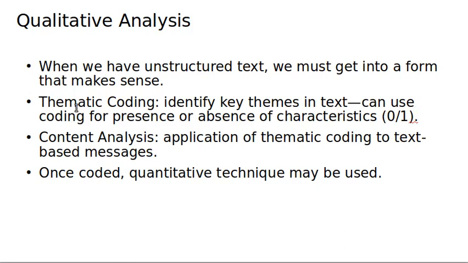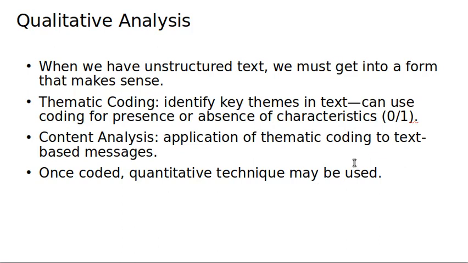So we used thematic coding, which uses a dummy coding technique for the presence or absence of characteristics. When we studied the unstructured answers teachers gave for why they went into teaching, we found codes like they love kids, or they like the schedule. If we read one of the responses and saw those characteristics, we would code a 1. If they weren't there, we would code a 0. By the time we were done looking at all those responses, we had a full spreadsheet of 0s and 1s.